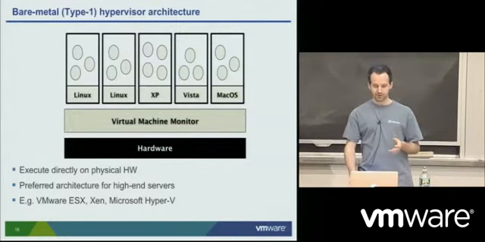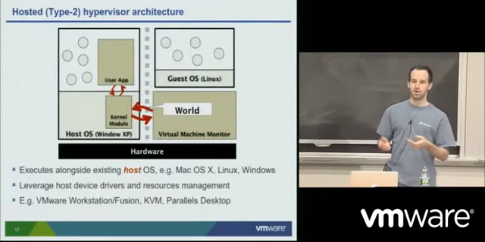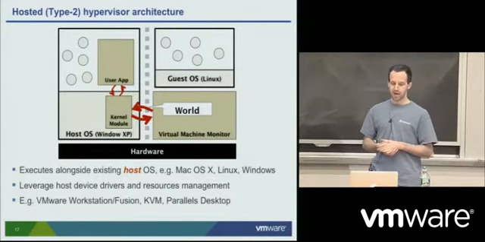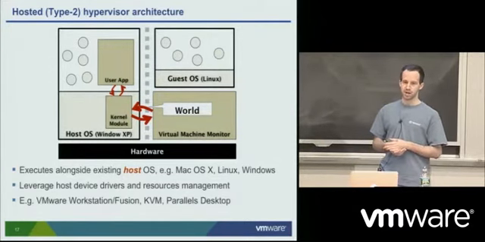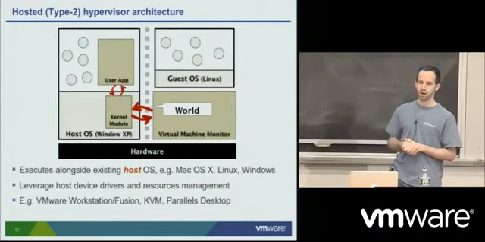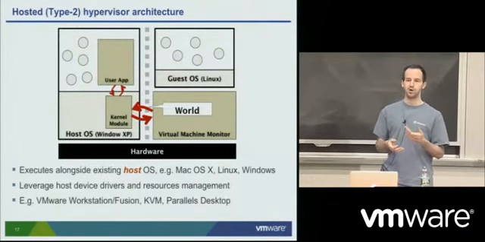Now, when it comes to client virtualization, that is when you're virtualizing things like your laptop or your mobile phone, things are a little different. And there's another model which has significant advantages in this space, and that's the hosted or type 2 hypervisor architecture. And here what you have is you have on your device already an existing operating system, which we call the host OS.